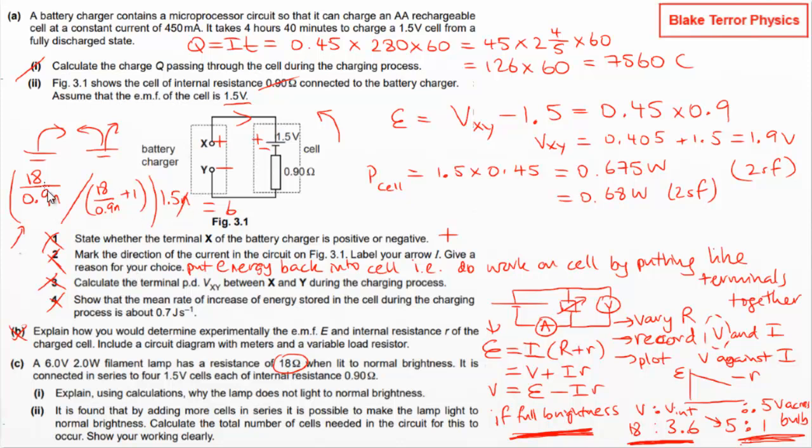So that n will cancel with that n. 18 over 0.9 is 20. So we've got the same thing there, but I'll deal with that in a minute. Divide by 1.5 gives us 4. Multiply through by the denominator, we're going to be left with 20 is equal to 4 times, well, 18 over 0.9 is 20, so 20 over n plus 1.